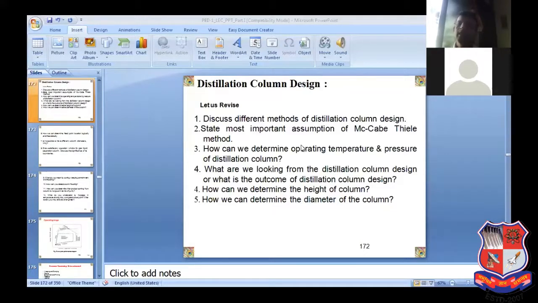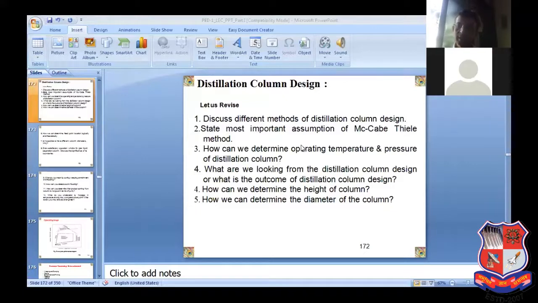So we can say it is either a vacuum operation, an atmospheric operation, or a high pressure operation. And in industry, all three pressures are under operation. So under which circumstances you may select the suitable pressure, and definitely the temperature will be according to the pressure.